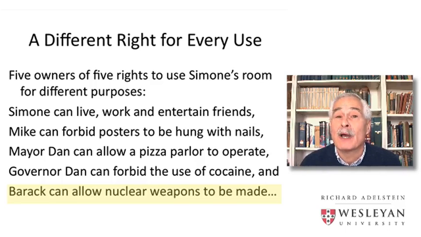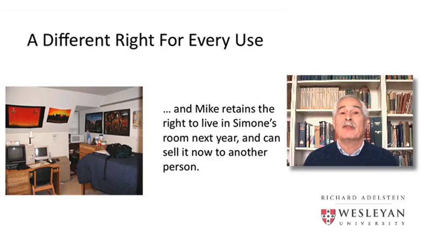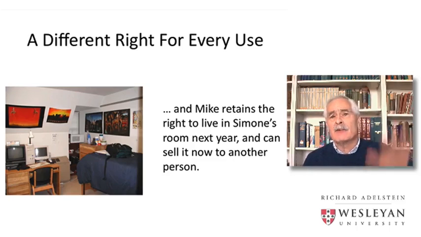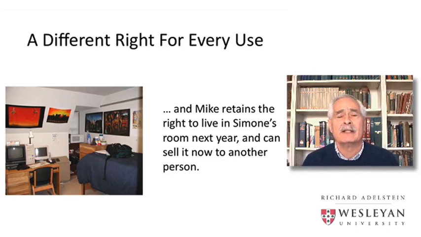And there's one other way in which property rights attach to Simone's room, and that is property rights distinguished in time. Each of the 5 property rights that I've already discussed are rights that exist right now. Simone has the right to live in her room right now.